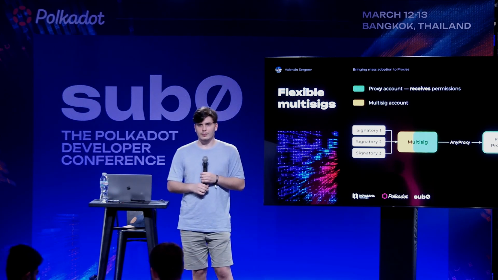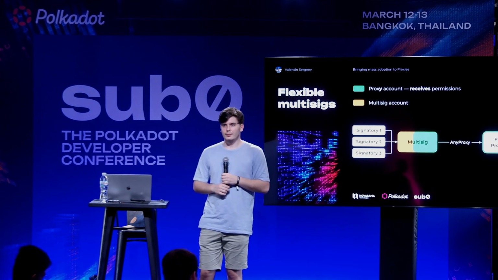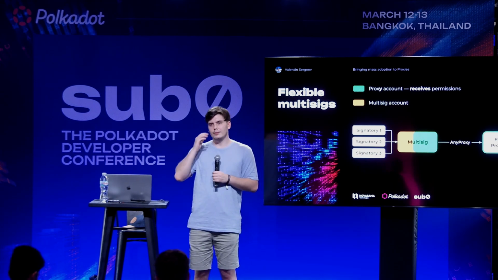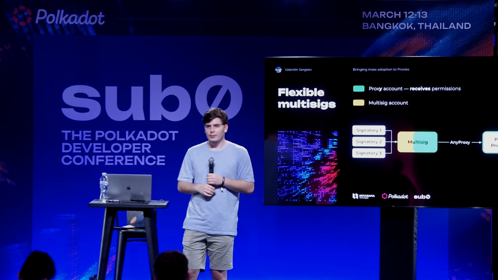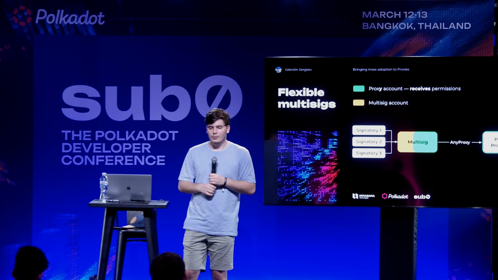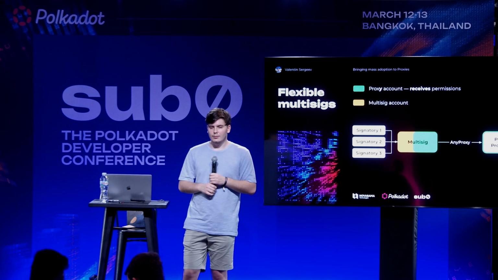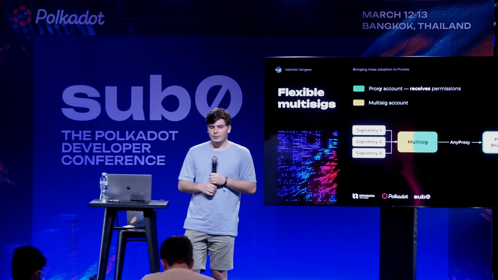Yeah, there was a question. Hey, this is Tiny from Email, which is another multi-sig tool in the Polkadot ecosystem. At this page you mentioned flexible multi-sig. We have this function as well, but we met a problem: once you want to create a flexible multi-sig, you have to deposit at least 40 DOT.